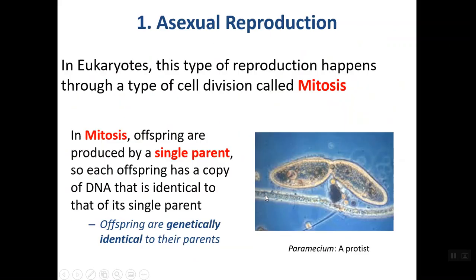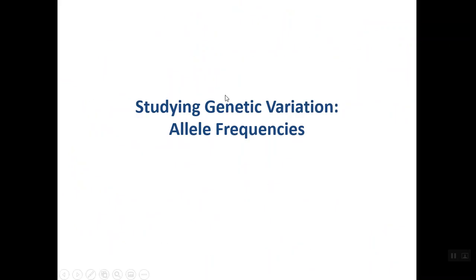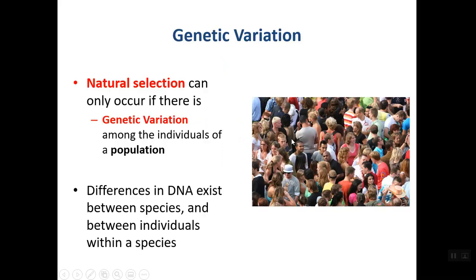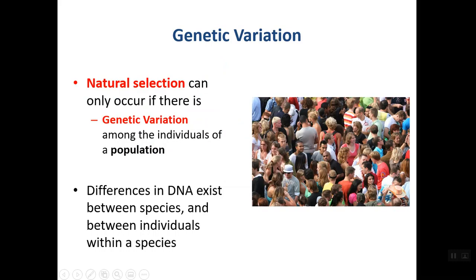So I'm going to go fast to this slide. All right, so we're going to talk about allele frequencies. So remember the concept of natural selection, evolution by natural selection, that was introduced by Darwin, if you remember.